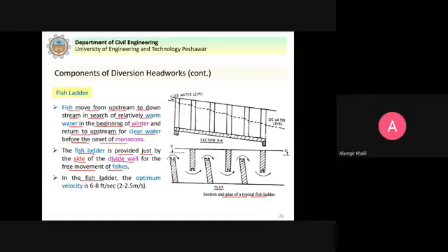In the fish ladder, the optimum velocity is 6 to 8 feet per second or 2 to 2.5 meters per second. It is designed for this velocity so that the fish can conveniently move from upstream to downstream and downstream to upstream. This low velocity is obtained by baffle walls. As you can see here, these are baffle walls.